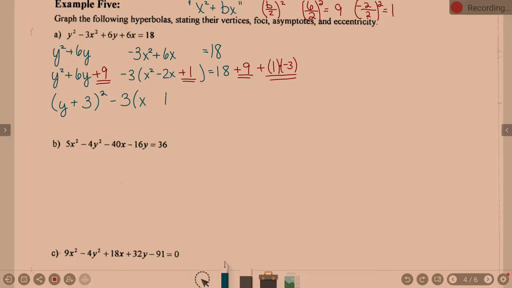Square root of 1 is 1. The 2 had a minus, so we're going to say x minus 1 quantity squared equals 24. Hey, it agrees with my answer key. 18 plus 9 is 27, and then it ends up being minus 3.